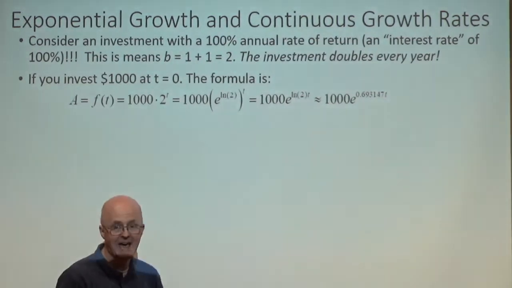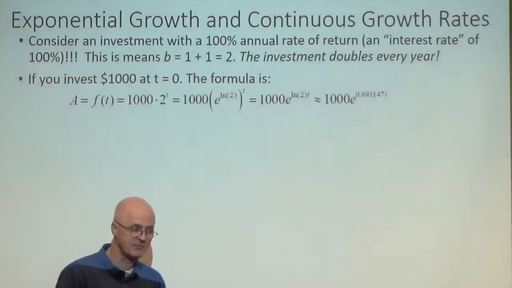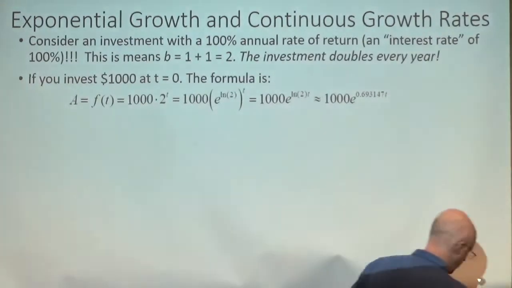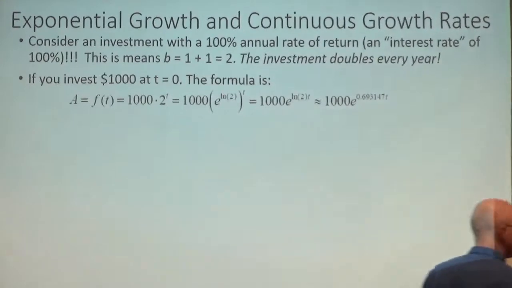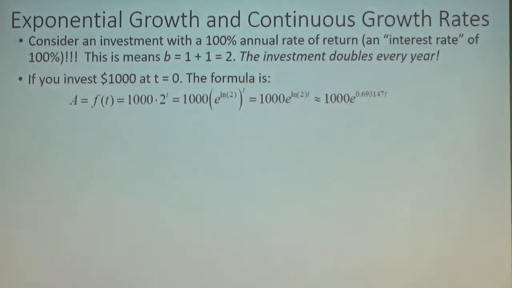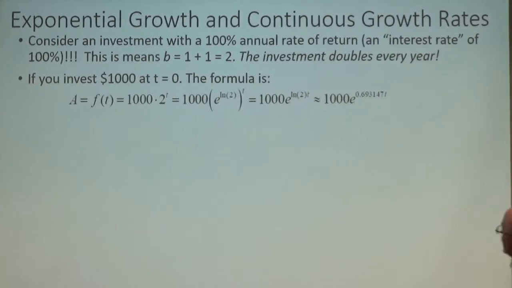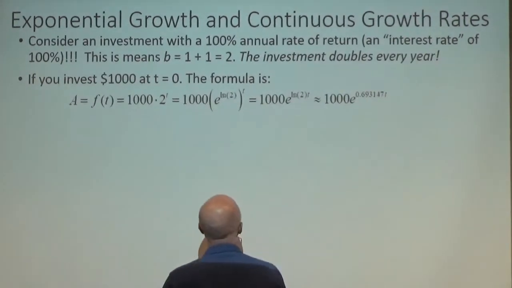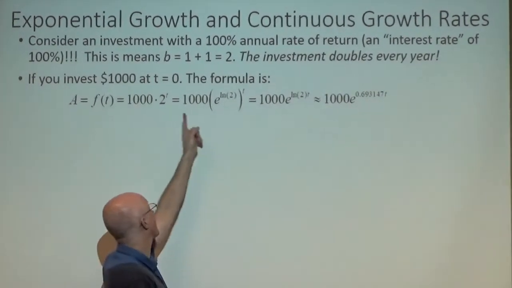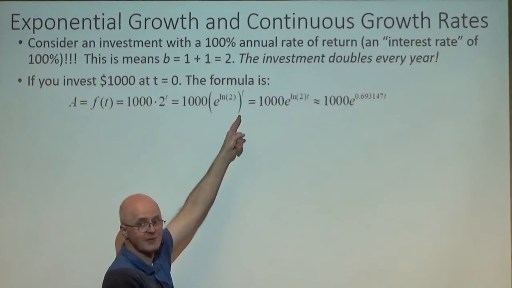I said k is the natural log of b, our old friend k, when you want to write it as e to the kt. Another thing you can do is write 2 as e to the natural log of 2.